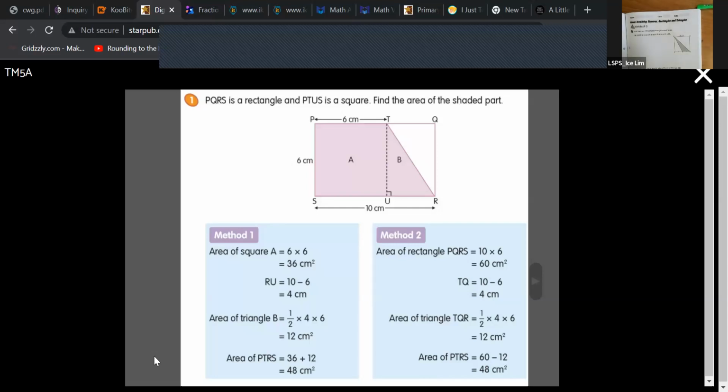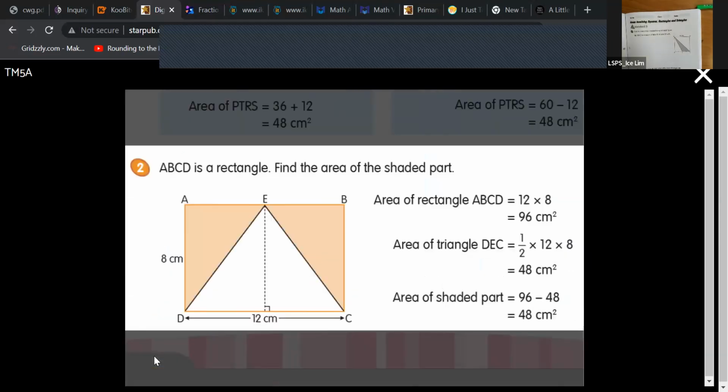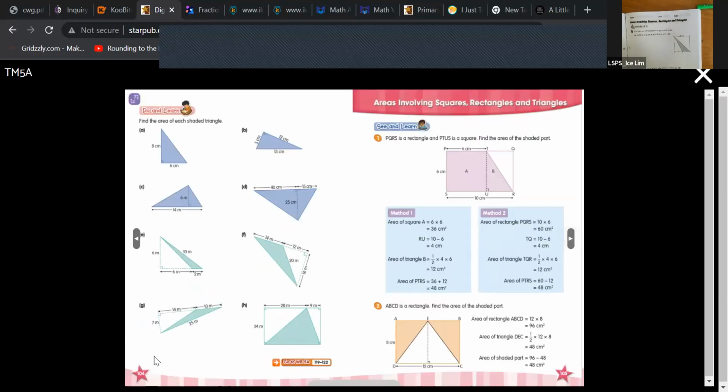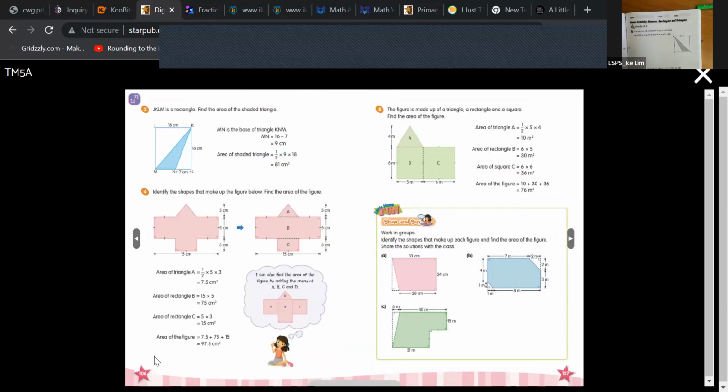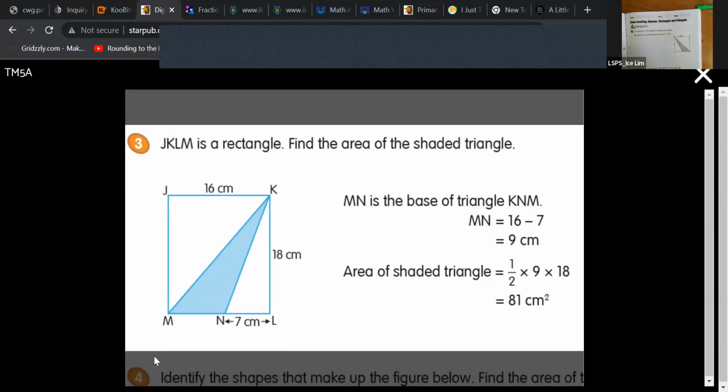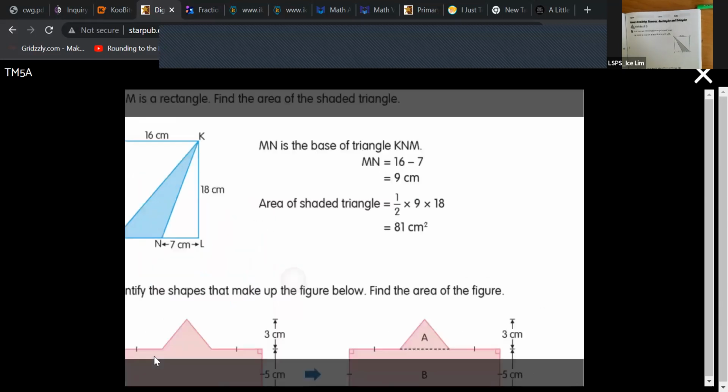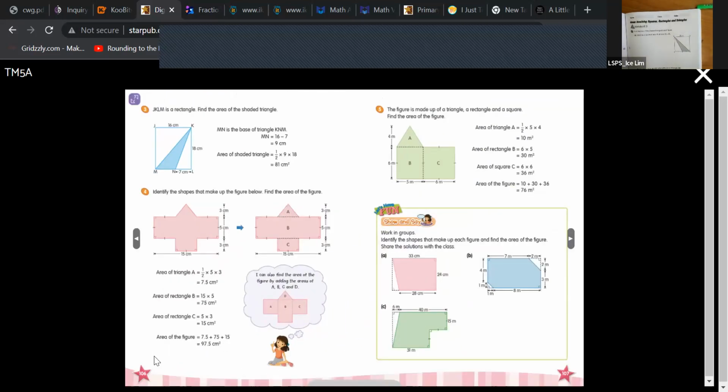It shows you method 1 and 2. Then you have ABCD is a rectangle, find the area of the shaded part. Then on the following 2 pages, page 106 and 107, you have JKLM, this question, you have this question, and the green question.